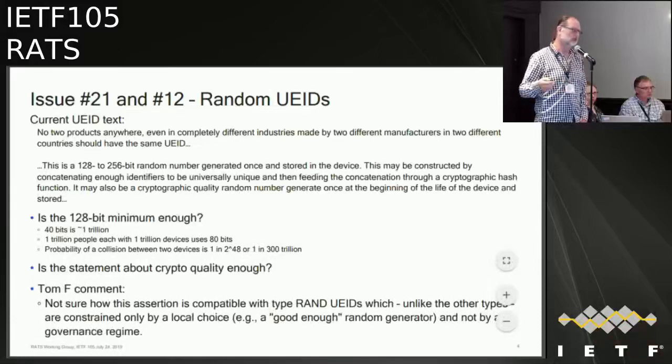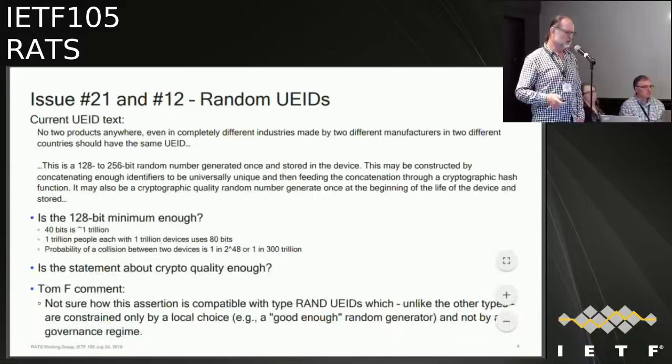The idea is you can have a UEID that's a random number, at least 128 bits. It should be cryptographic quality. And if you generate your UEIDs that way, there will be enough collision resistance that it will work just fine.